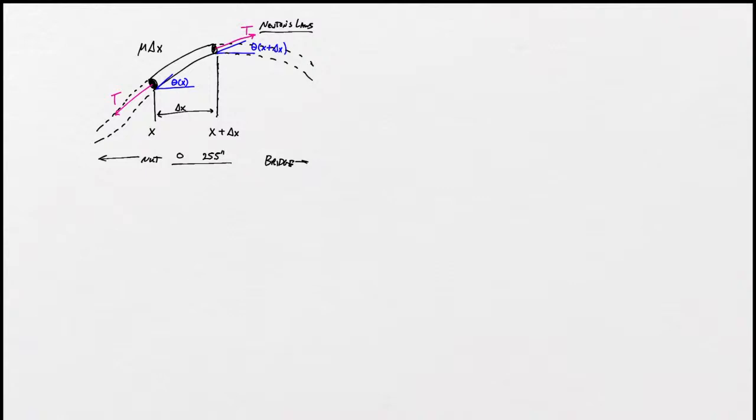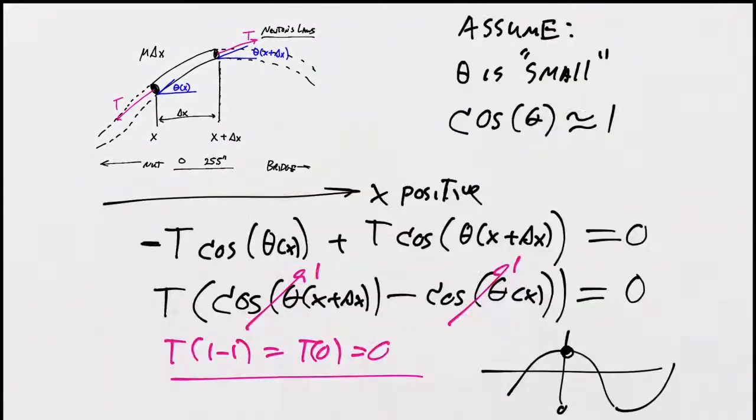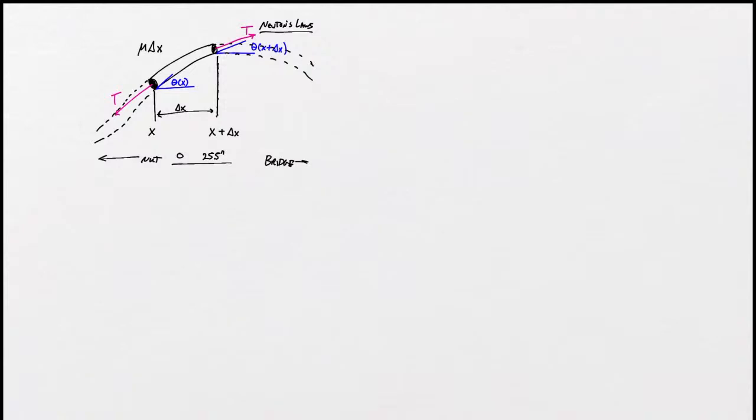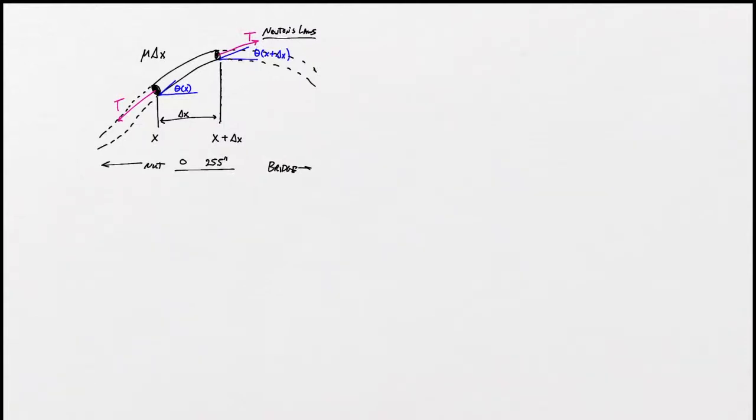All right, so with this part done, we are now going to study the vertical forces on the piece of string, a very similar calculation, right? On the left side, we're going to calculate the vertical forces, and we're going to write T. It's going down, so it's going to be minus T times the sine of theta of x, right?